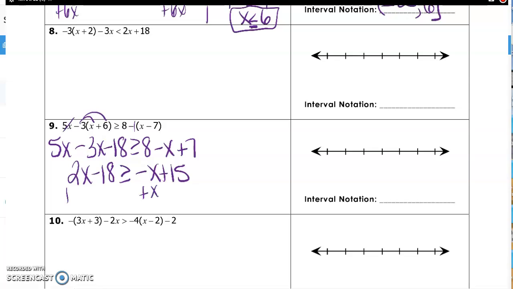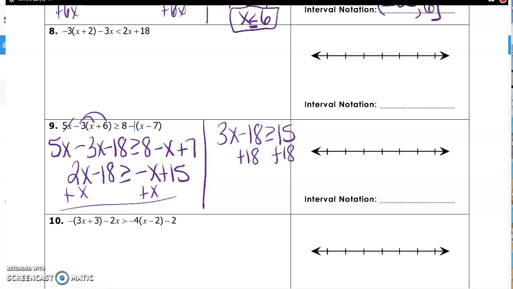Add x to both sides. We get 3x minus 18 is greater than or equal to 15. Add 18 to both sides. 3x is greater than or equal to 33. Divide, and I'm going to write it over here, x is greater than or equal to 11.